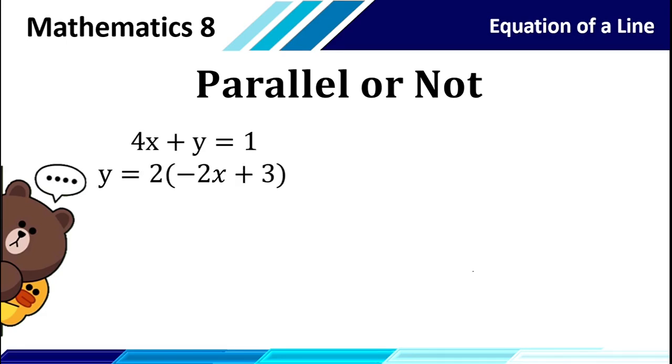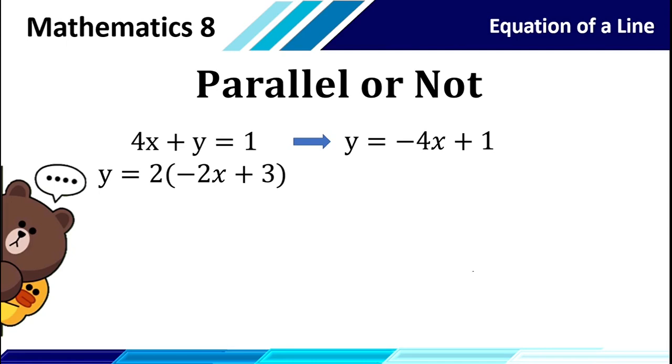So we have 4x plus y is equal to 1 and y is equal to 2 times the quantity negative 2x plus 3. So let's focus first on 4x plus y is equals to 1. When we convert this one into slope-intercept form, it will become y is equal to negative 4x plus 1.